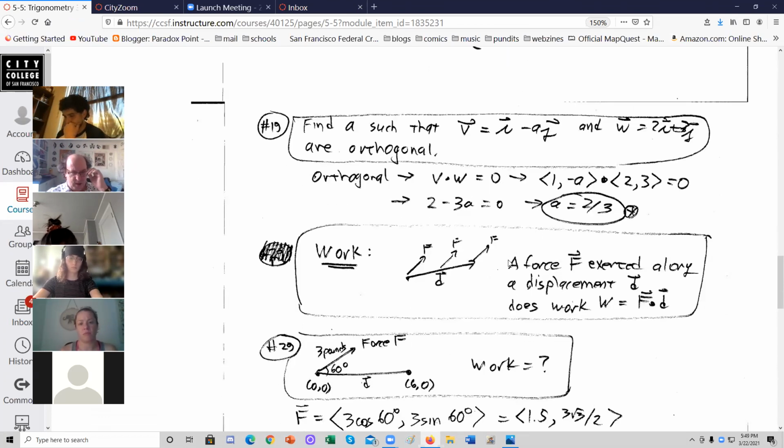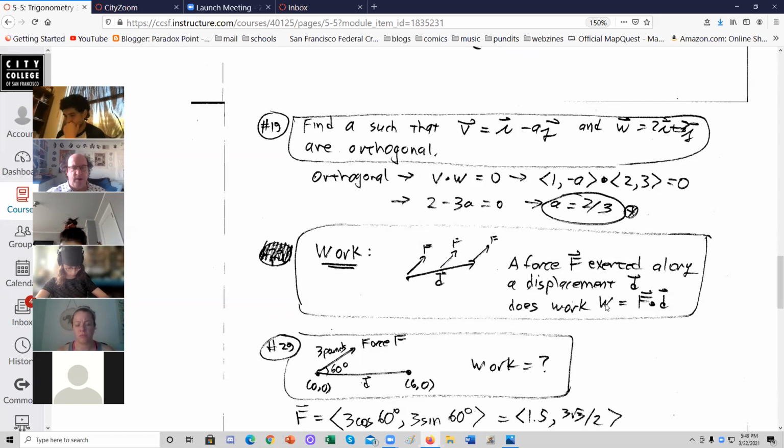Now, all right, here's a concept from physics. Work is when you have a force on something and it moves along a certain displacement d. So here's the force on the object, here's the displacement. Then the force exerted along that displacement does work.